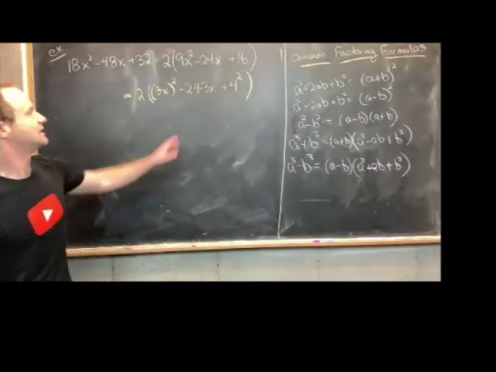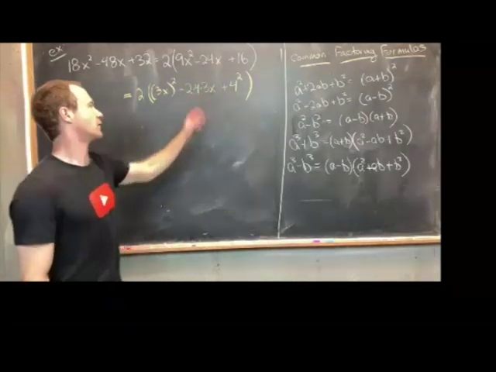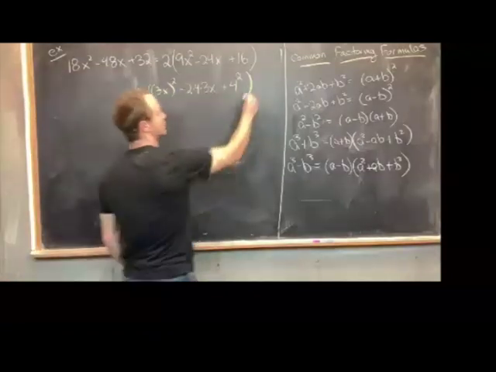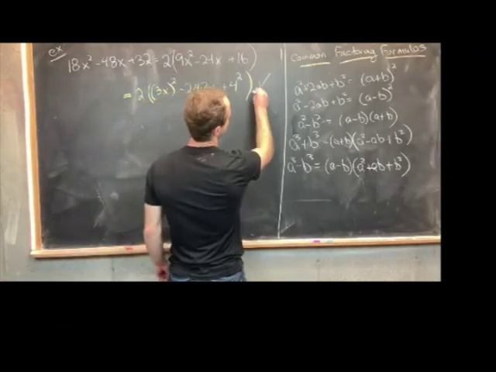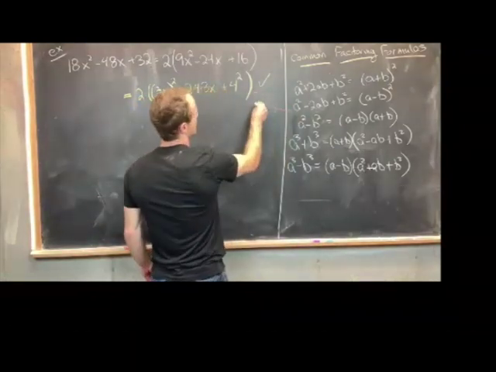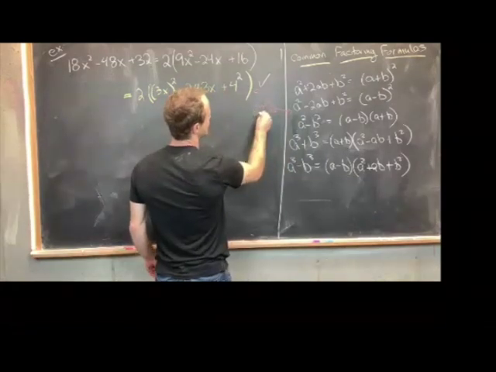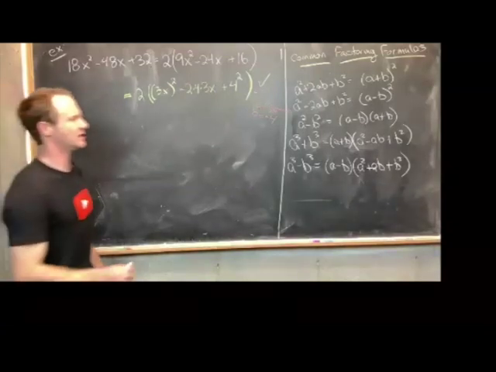We do, because 2 times 4 times 3x is most definitely 24x. 2 times 4 is 8 times 3 is 24. So this works out. We have this formula right here with A equals 3x and B equals 4.